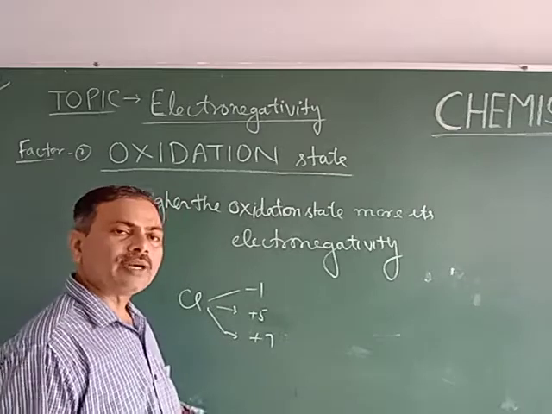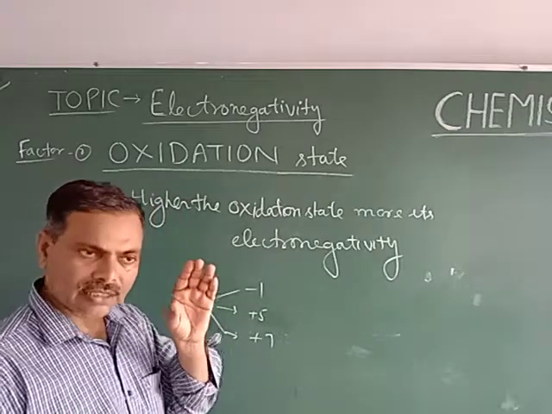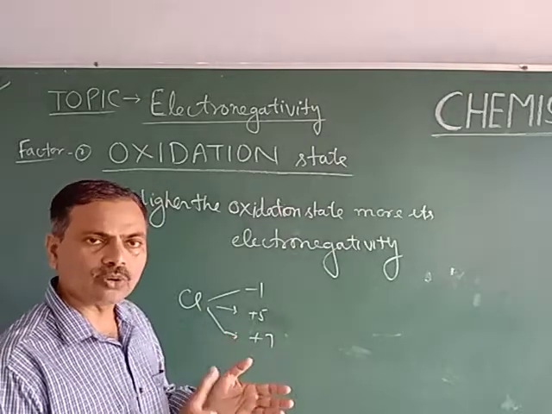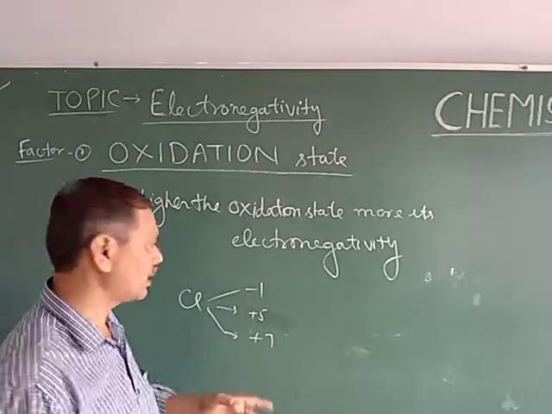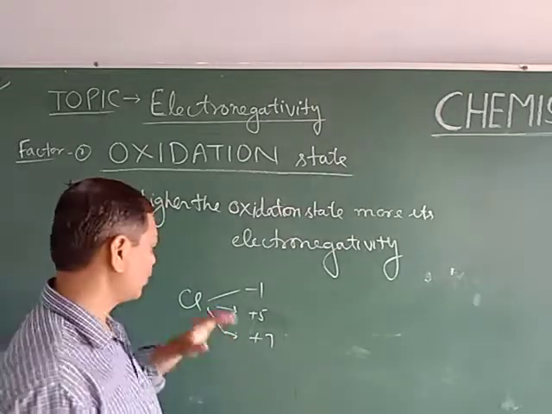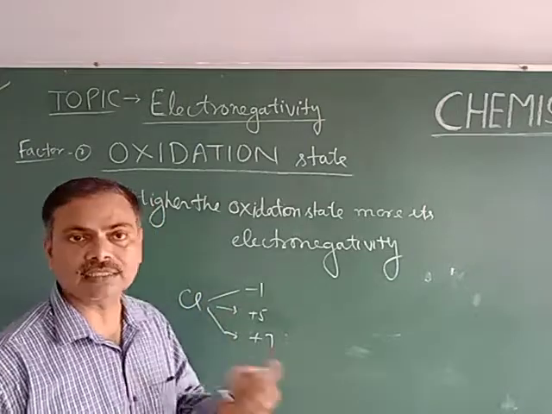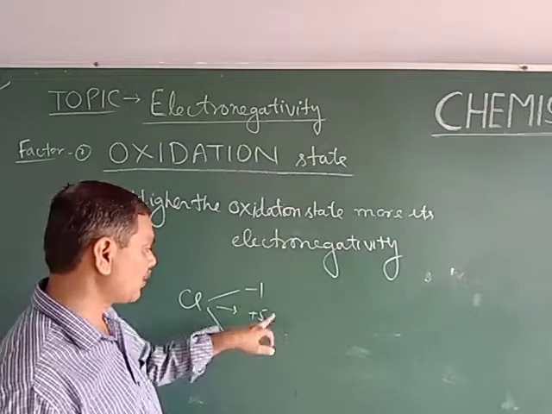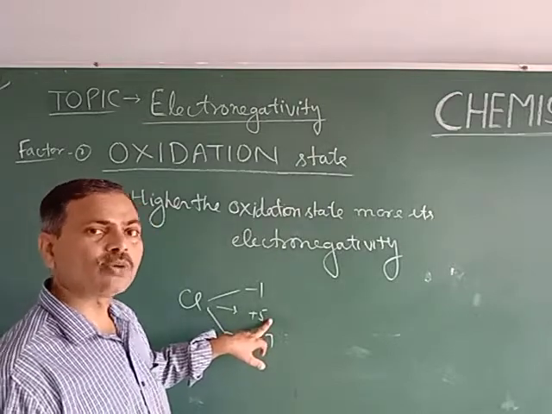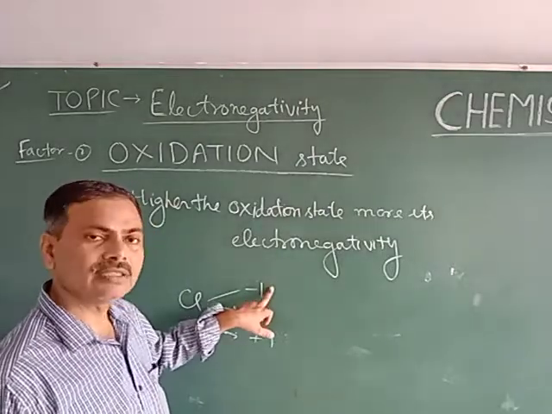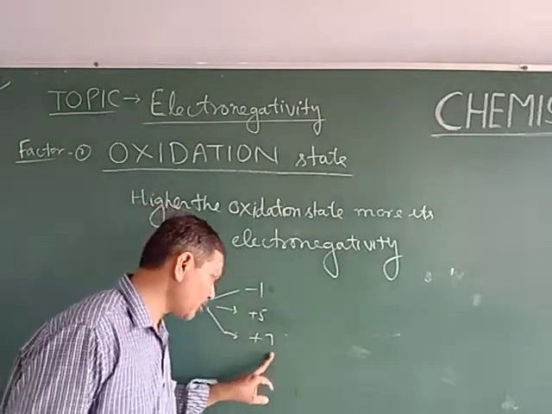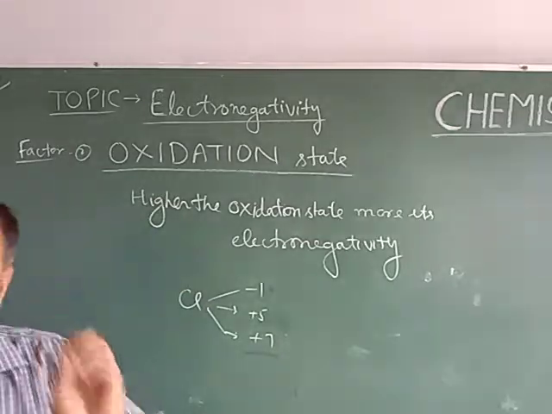Chlorine with oxidation state of +5 is more electronegative than with -1, and chlorine with oxidation state of +7 is most electronegative.